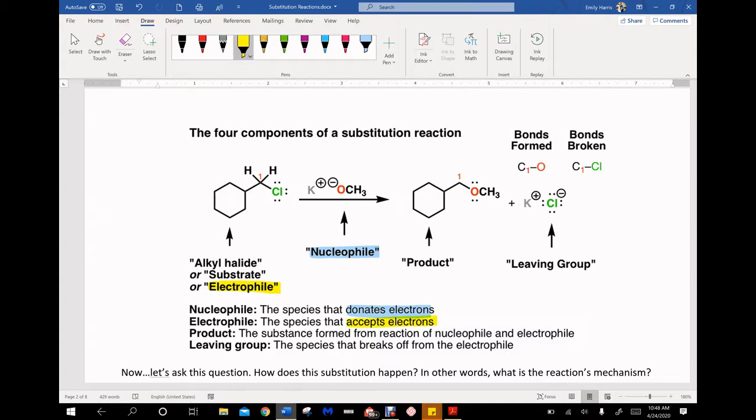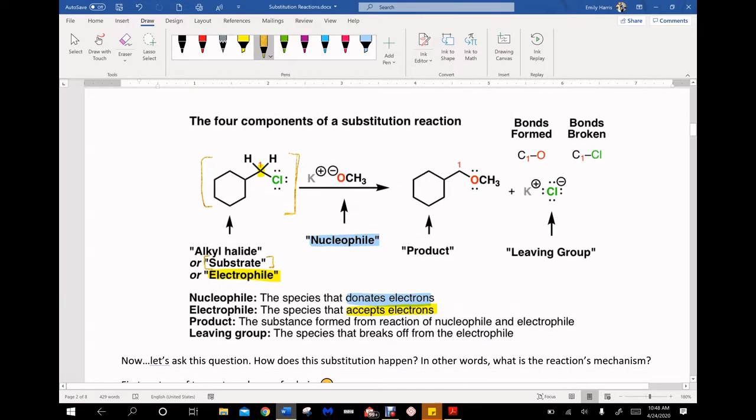Now specifically, we labeled the electrophile as this first carbon, but oftentimes when the word electrophile is used, it more frequently refers to the entire molecule that contains that positive site that the nucleophile will interact with. Now sometimes that electrophile is deemed what's called the substrate, referring to the entire molecule upon which the reaction will take place.